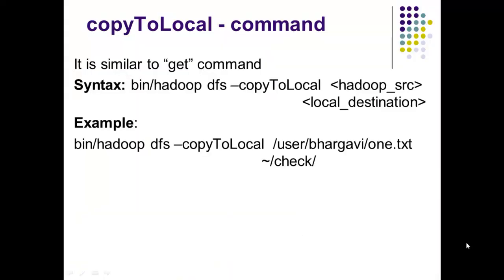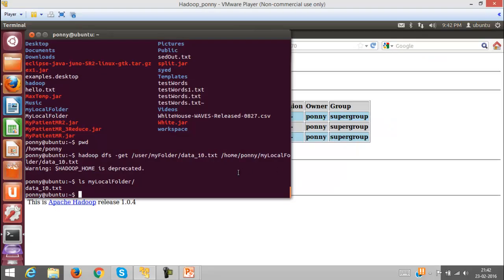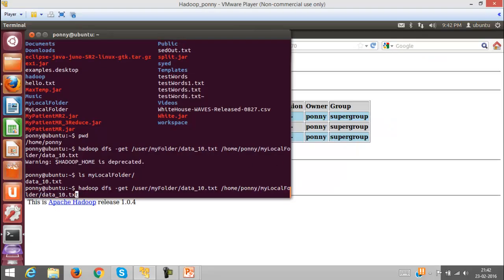Next, copy to local command. It is similar to get command, which can be used to copy a file from the Hadoop file system to the local file system. We will try to get a different file this time.